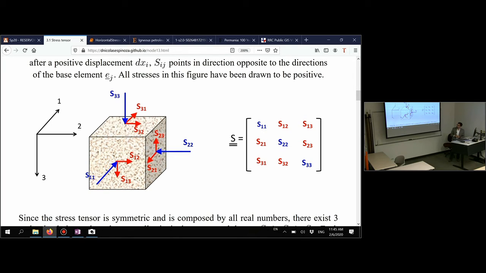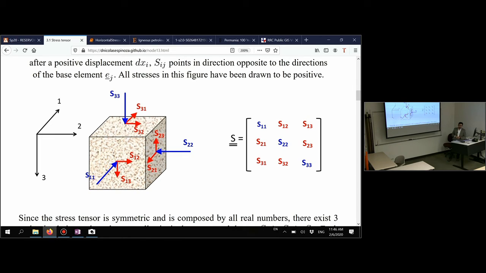And those shear stresses, you can also see that those are applied on the faces of that prism, and they are parallel to each face. All right, so again, diagonal terms are going to be the normal stresses.